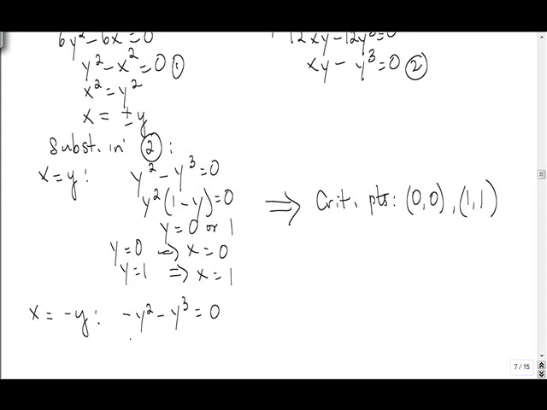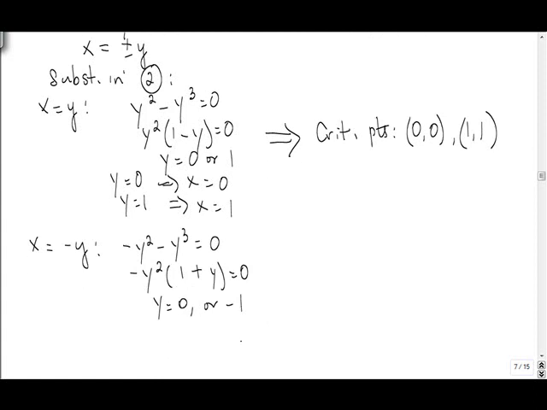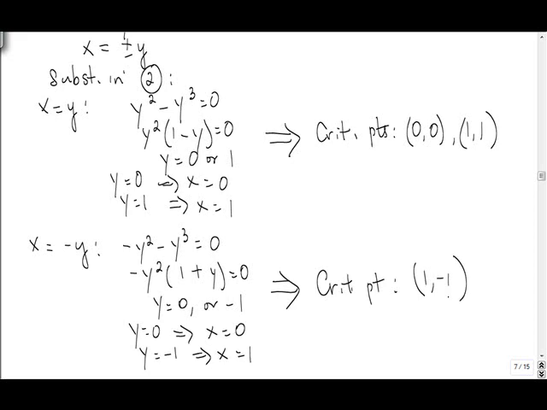You can factor out minus y squared into 1 plus y is 0. y is 0 or negative 1. x is minus y, so when y is 0, again x is 0. y is minus 1, x is 1. So the critical point we have there, we don't need (0, 0) again, but we need (1, -1). So we have 3 critical points.